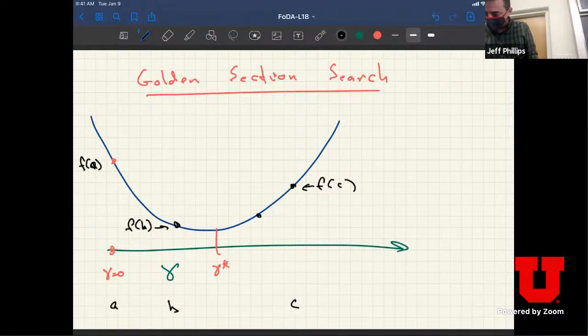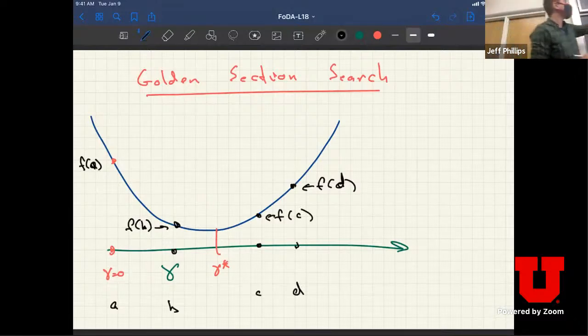Let me add in a point D. So this is A, B, C, and D. This would be f of D, f of C. Now I have the order of these points.